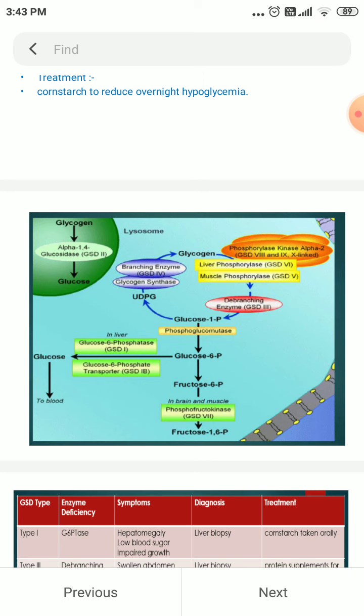In the case of liver phosphorylase, glycogen storage disease 6, sorry, and in the case of muscle phosphorylase, glycogen storage disease 5.